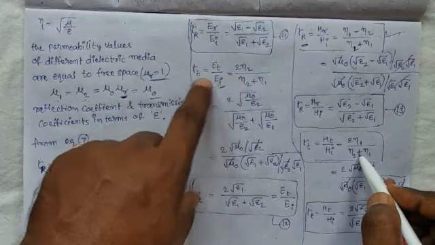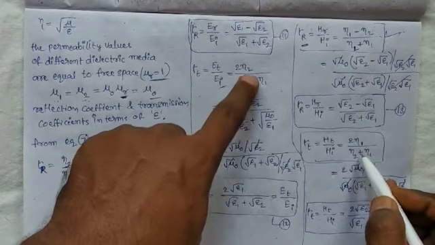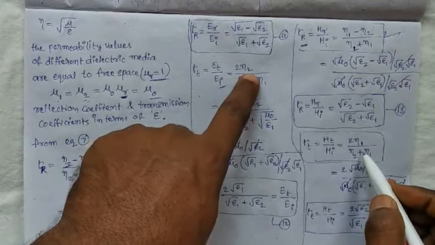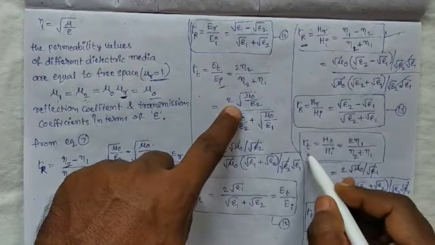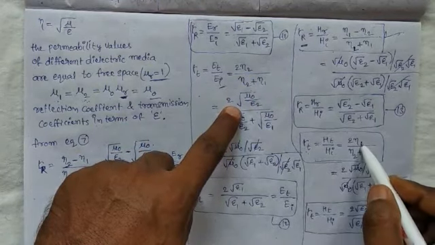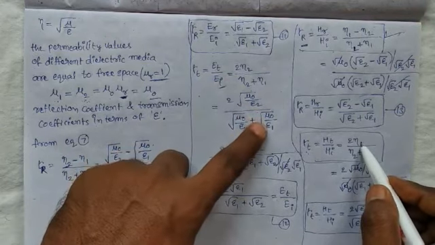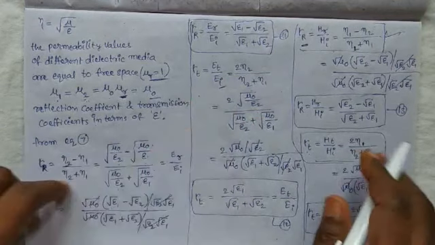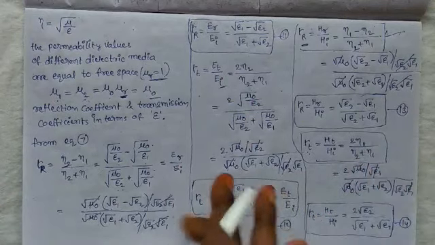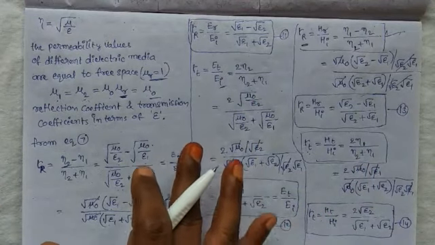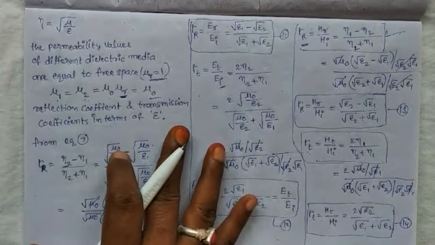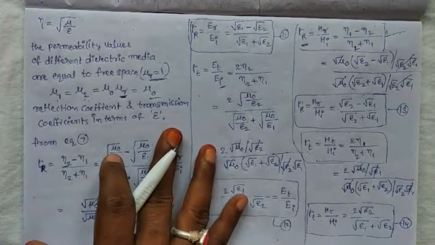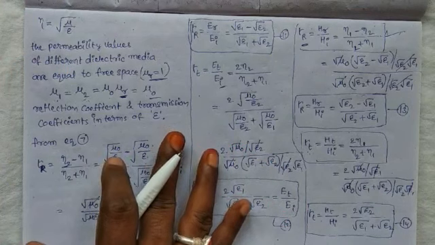For the incident wave the subscript is 2, and in terms of the magnetic wave the subscript is 1, eta subscript 1. This is about the reflection of plane waves at the surface of dielectrics with normal incidence.